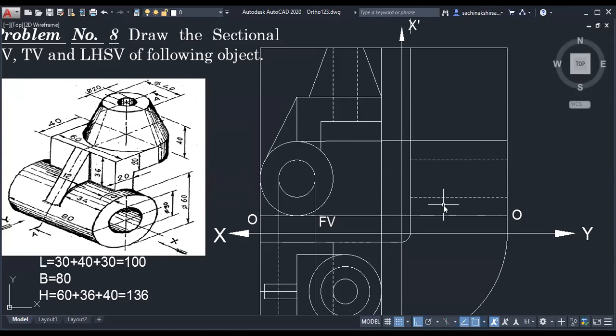One side 30. So that middle part will be observed something like this. So this will be the middle part.